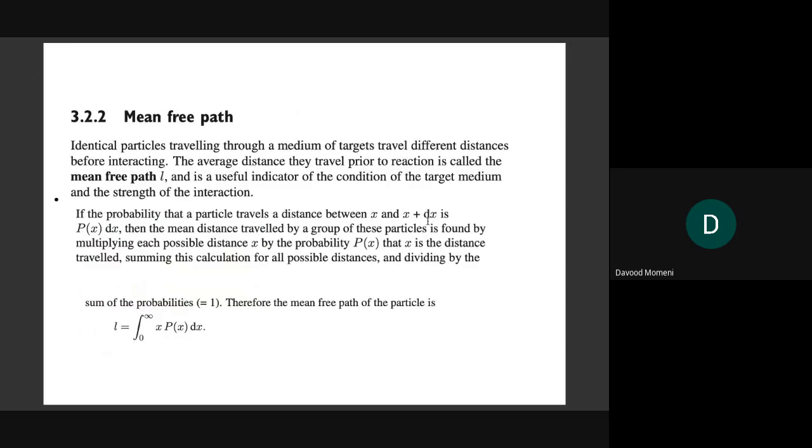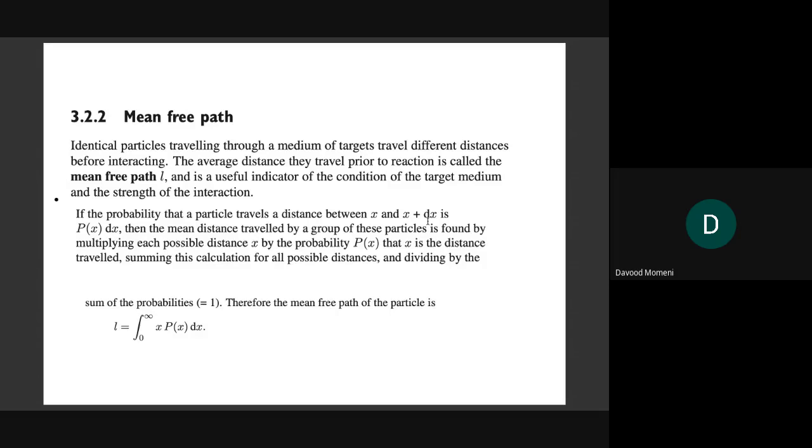Mean free path, I want to first explain the concept. The concept is that the particles are traveling to reach the target, and they are colliding with each other. They interact with each other.